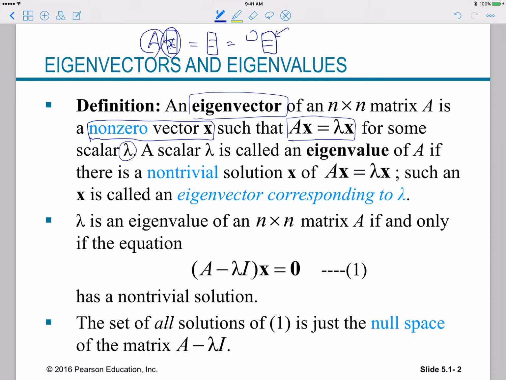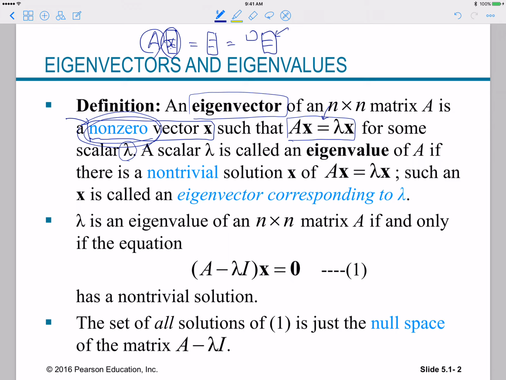So any real value can be our lambda. So we exclude this kind of trivial situation. From the beginning, we assume that our eigenvector x that satisfies this equation is always a non-zero vector. It has some direction and a length.